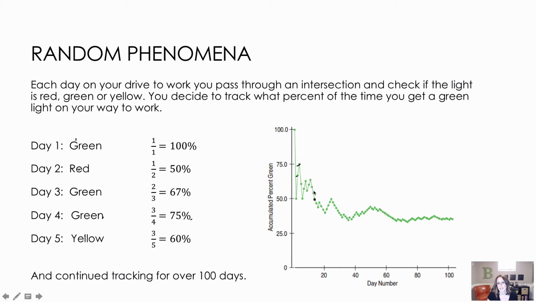Notice that it keeps going and going and going, and it's sort of evening out a little bit. So my guess is that about 33% of the time, and again, that's not super accurate because I don't have a lot of scale going on over here, but 33% of the time in general, maybe 32, maybe 31, obviously I would need to see the actual numbers, that's about what I would expect to get a green.